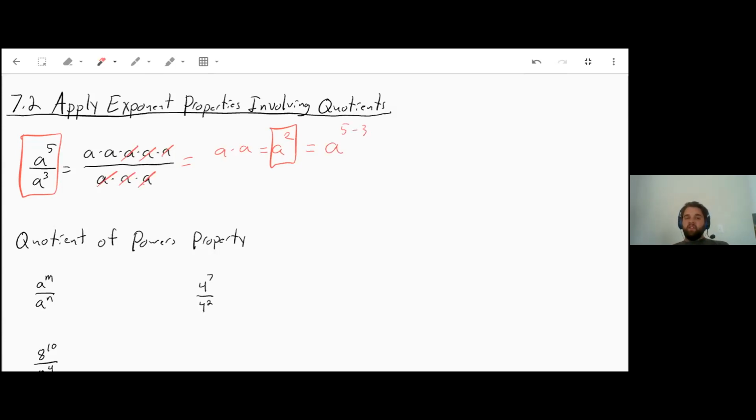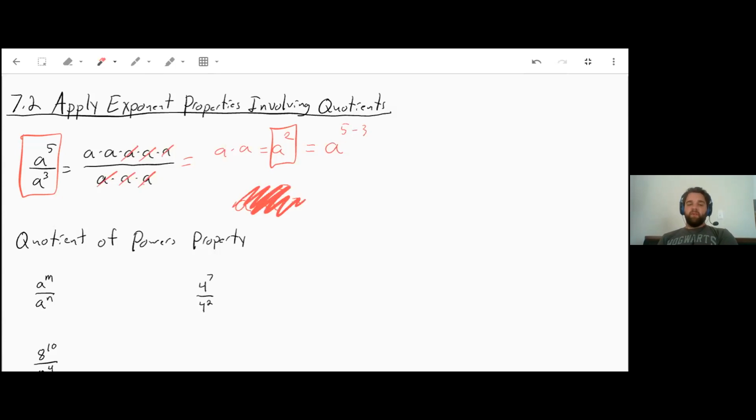And this actually makes some sense because when we are multiplying numbers of the same base and we then add their exponents, well, the inverse operation of multiplying is dividing. So it would make sense then that we do the opposite or the inverse operation to the exponents as well. So instead of adding them, we would subtract.